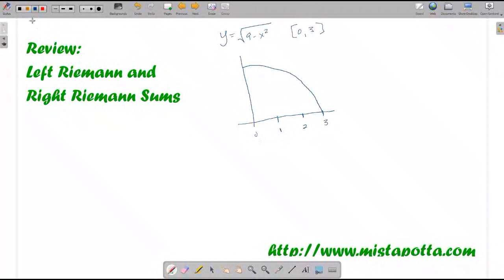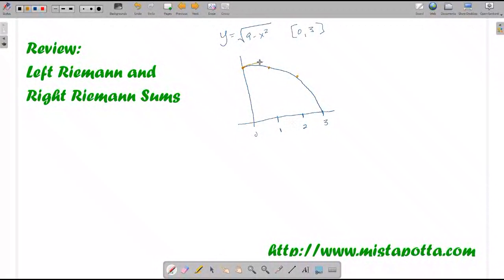And so when I'm doing a left-hand Riemann sum, I'm using the left endpoints to determine the heights. So my function at 0, my function at 1, and my function at 2 determine the heights of my three rectangles.